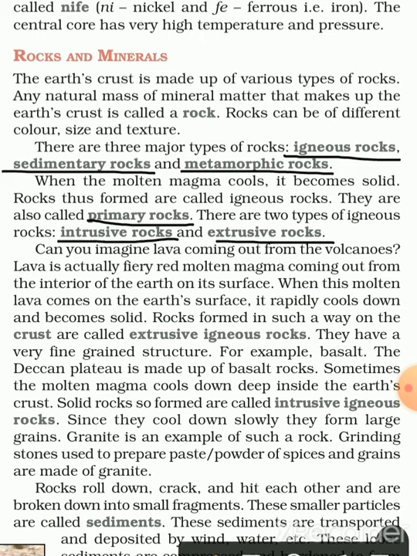Now see how the igneous rock forms. When the molten magma comes onto the earth's surface and solidifies, when it becomes cool and solid, the rock formed is called an igneous rock.